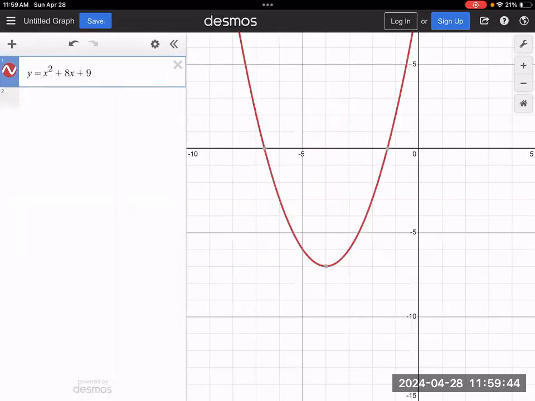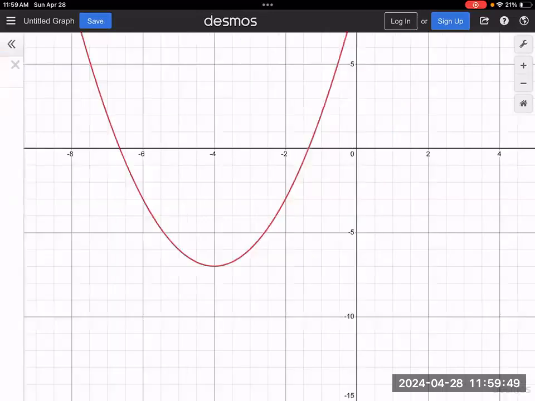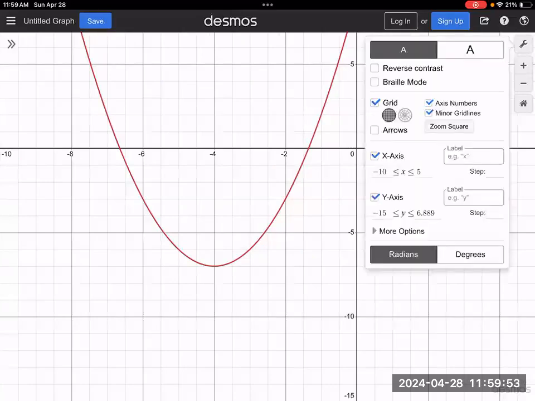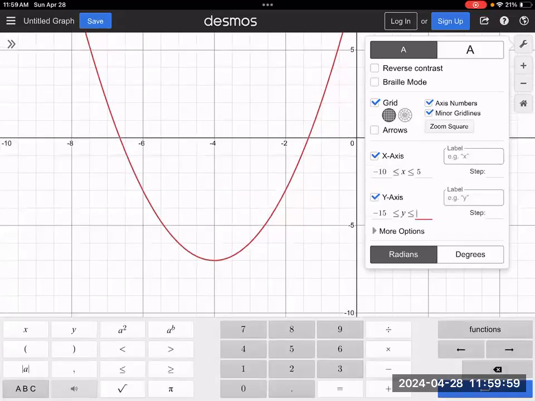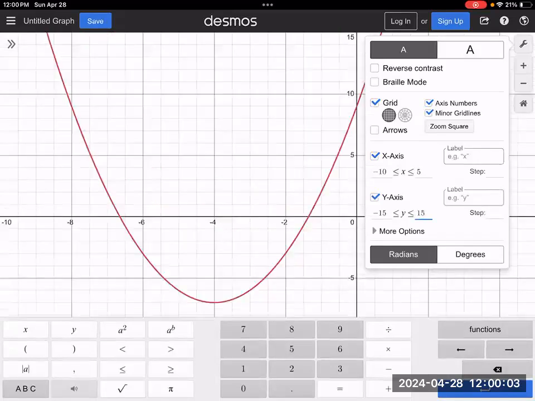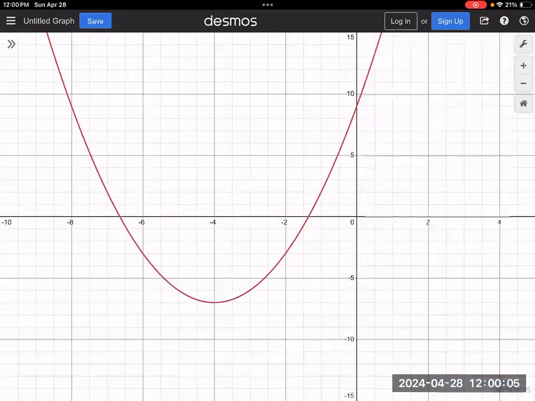Your y-intercept is going to be that 9 found out in the back of your equation. Now we can also adjust your graph to make that accommodation. We need to get a little bit higher than 6.8 something. So perhaps knowing that it's 9, maybe we go all the way up to 15. And then we can clearly see that your graph hits at (0, 9). So this is what we can do graphically.